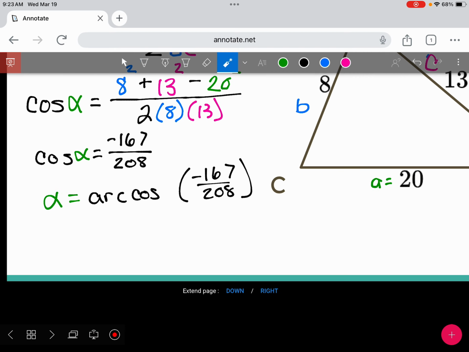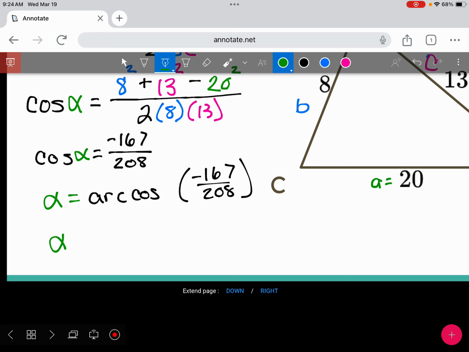I got negative 53. Why are you doing sine? Oh, we're on cosine. Oh my goodness. Okay, that's why. So since it's cosine, we got to use inverse cosine. So just be real careful with it.